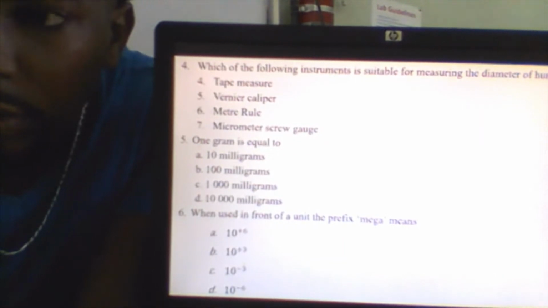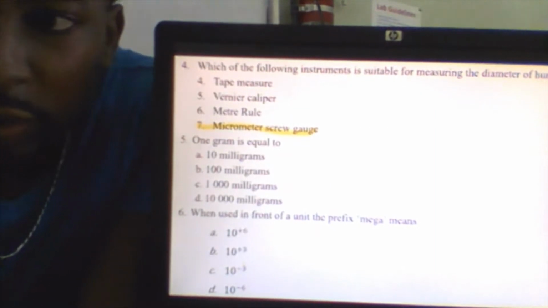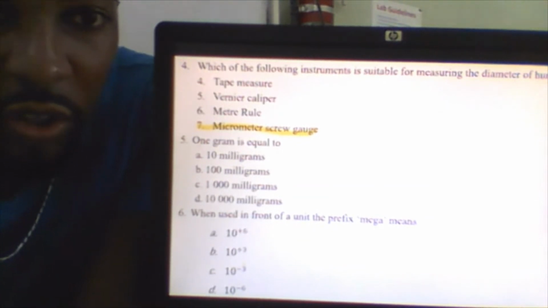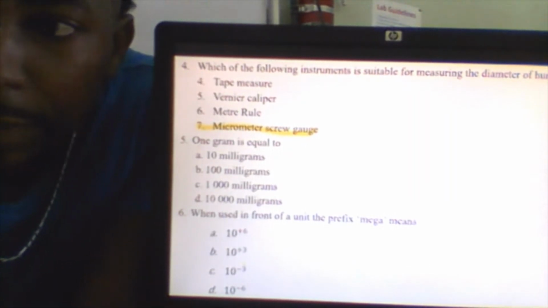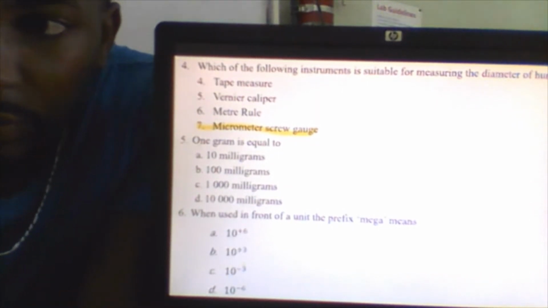Number 5, 1 gram is equal to. So we want to see what 1 gram is equivalent to, and all the answers there are in milligrams. So we want to know how to convert from grams to milligrams.